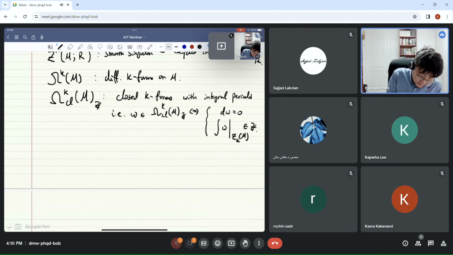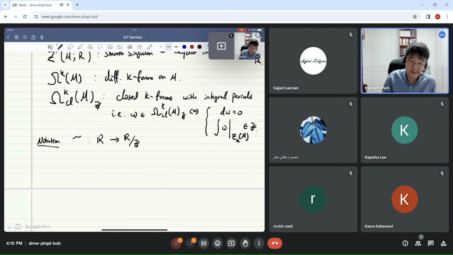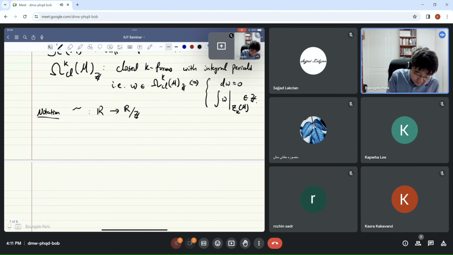Okay, now another notation is that I'm going to use this twiddle to say this projection, R going to R mod C, is mod out by C. And so this fact is going to be useful, which is that lambda would be a proper subring of R. R is the set of all real numbers, a ring of real numbers.